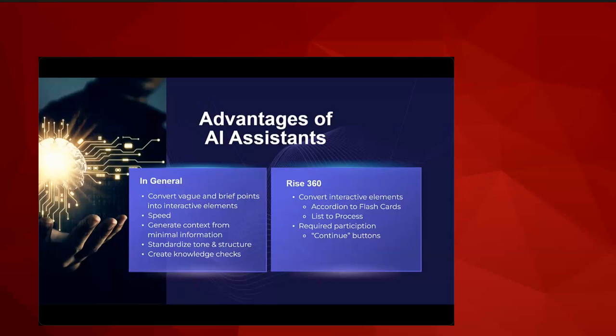AI can also generate lesson text from minimal information, as well as help standardize tone and structure, as well as create knowledge checks based on the imported content. In addition to the advantages that were already presented, one advantage that is specific to Articulate Rise 360 is the ability to convert interactive elements with the click of a button.